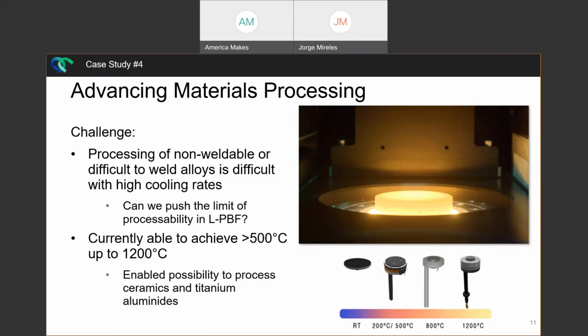He quickly found that materials like ceramics cannot readily handle the very high cooling rates in laser powder bed fusion. And there wasn't really a machine option available that could accommodate that high temperature heating to essentially reduce your cooling rate. So together with some colleagues, they developed an induction preheating option, which achieved upwards of 1,000 degrees C. So today, we've used this option to help customers process materials that are difficult to weld or prone to cracking.